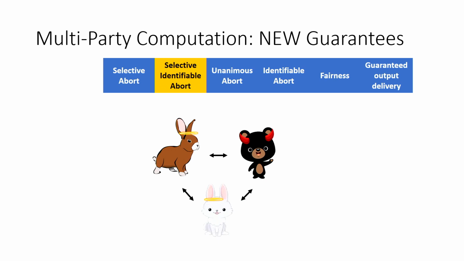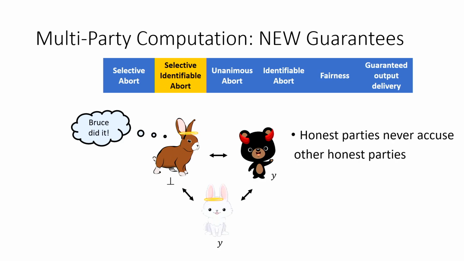In this new notion, if the adversary aborts, some parties may recover the output and some parties may abort, but the parties that abort the computation also identify who aborted the computation. And let me stress here that honest parties never accuse other honest parties of aborting.